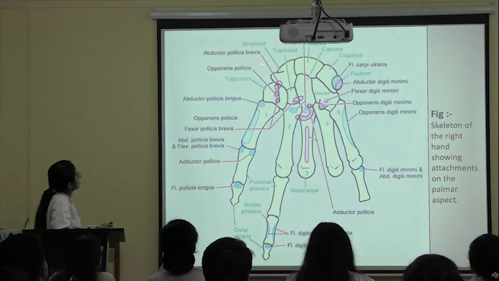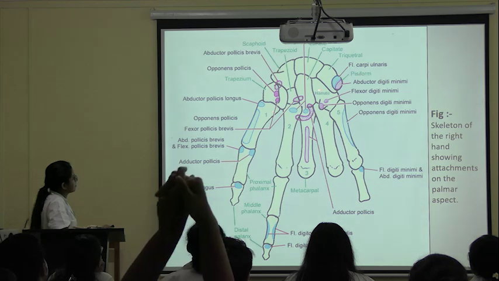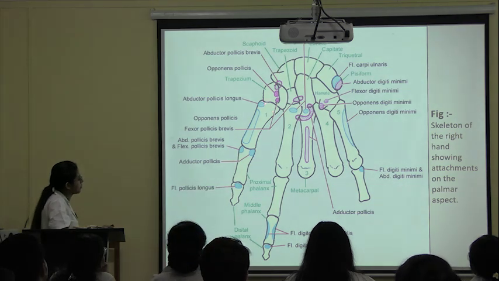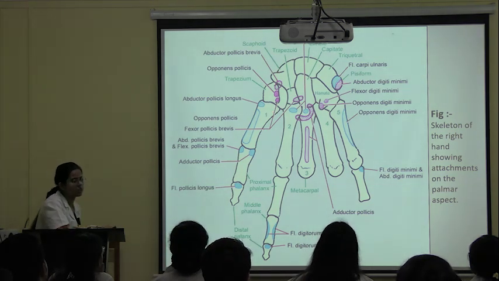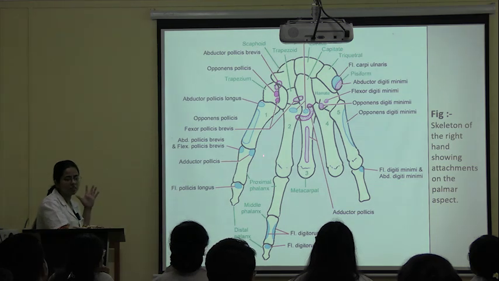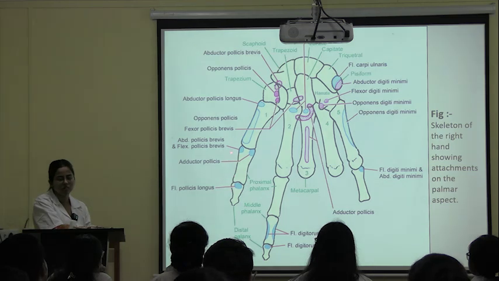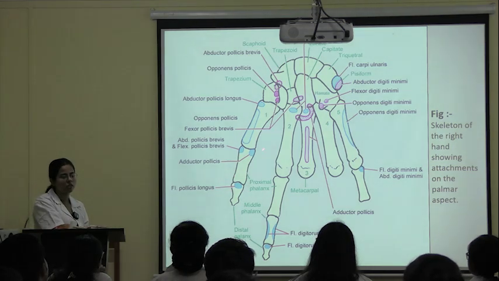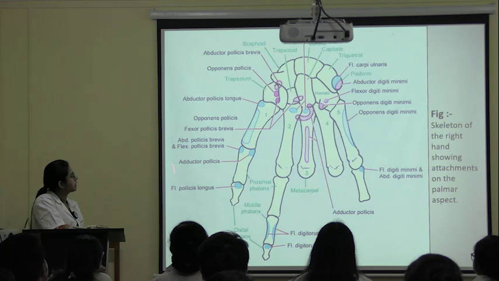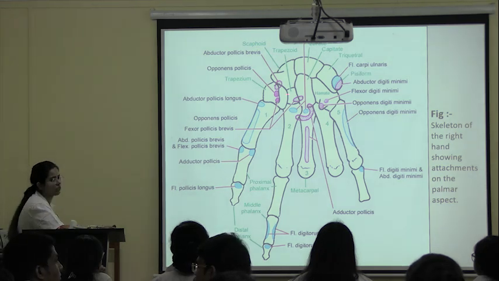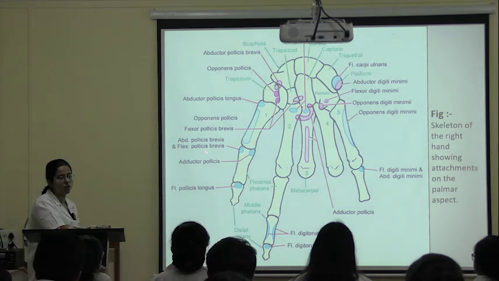You can learn the origin and insertion of the muscles from this picture. Have a picture memory in your brain, then it will be easier to learn, as it's quite difficult to remember all the origins and insertions. But if you remember the picture of the important muscles, then it will be easier.